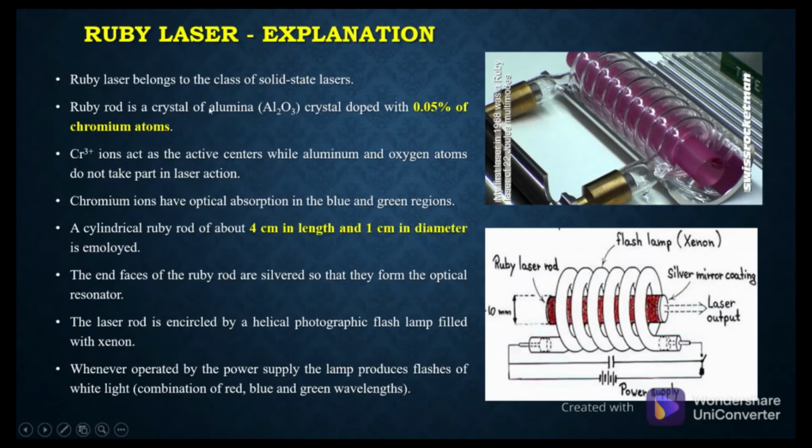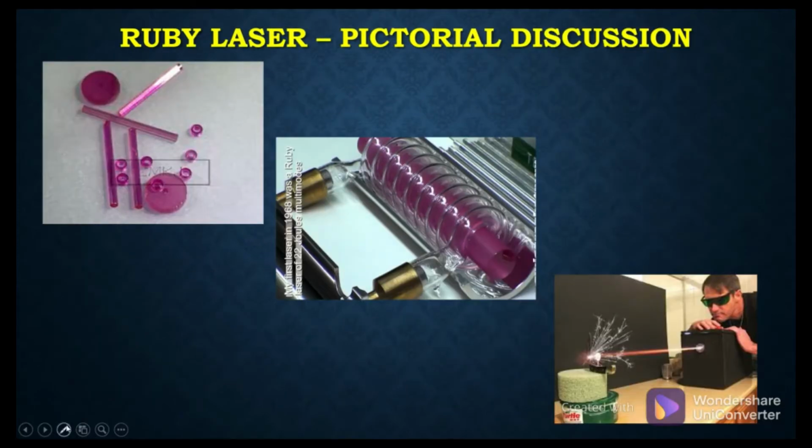You can see that ruby laser crystals, that is the laser rods of cylindrical dimensions of varying diameters, are grown and shown to you. So this helps you to understand how the ruby laser crystals appear. They appear almost like a pink color solid.